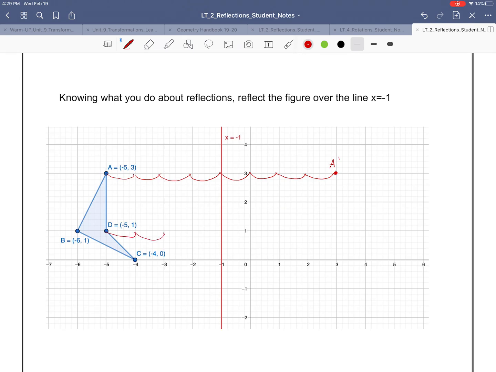If D is 1, 2, 3, 4 units away, then D prime has to be 1, 2, 3, 4 units away. And you see B is just one more from D, so B goes here. And then C is 1, 2, 3 units away. So then we can just connect all of these. There we go.